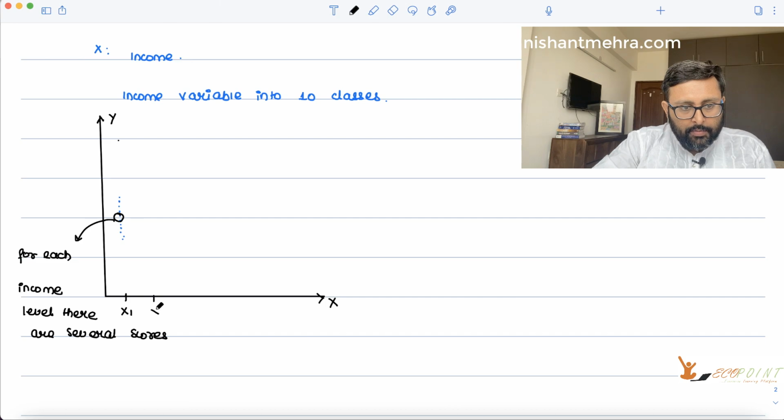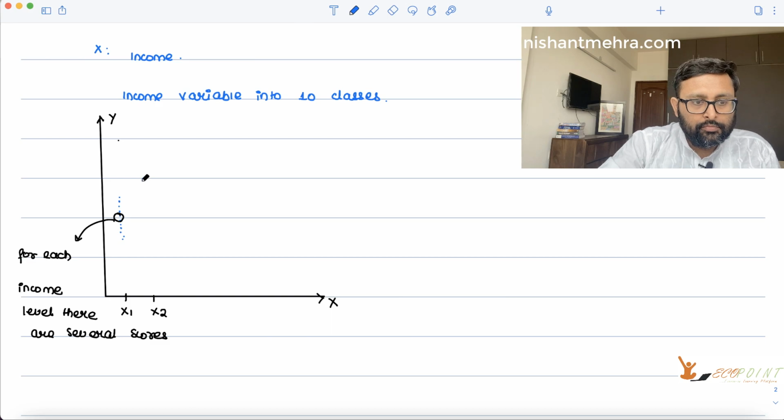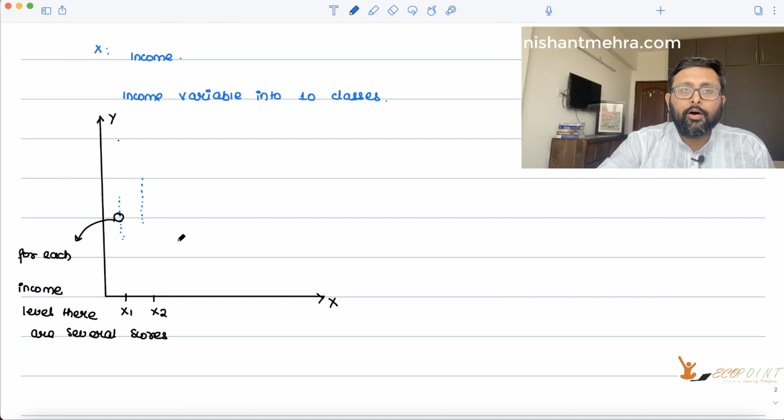For the X2 income class, that is 2 lakh to 5 lakh, again you've got 10 people, and now the marks are somewhere between 290 to 325, and the mean for them is somewhere here.